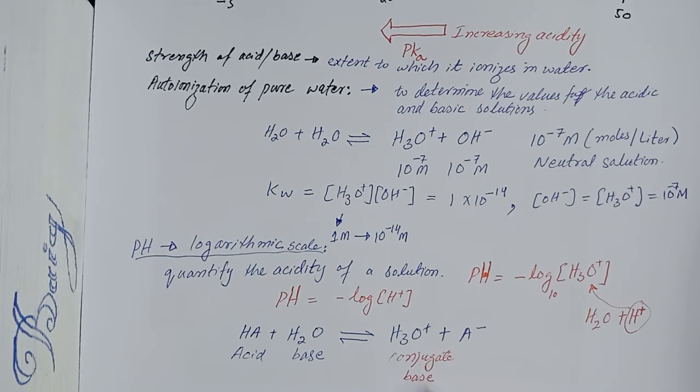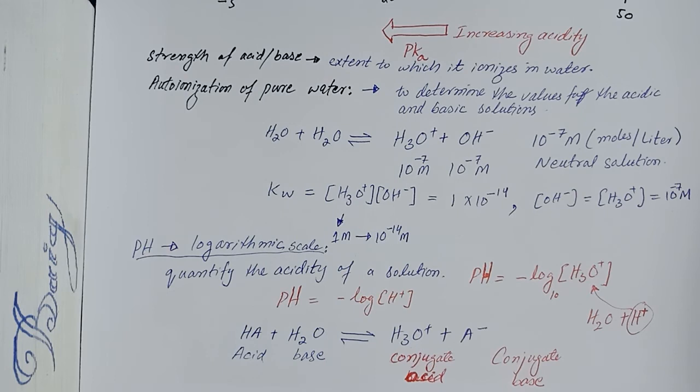Why? Because it will donate the proton to convert back to water. So the hydronium is acting as an acid because it's donating the proton, but chloride will accept the proton, so it acts as the conjugate base.